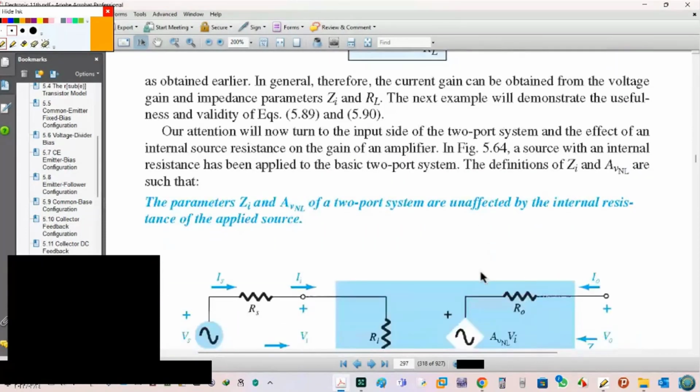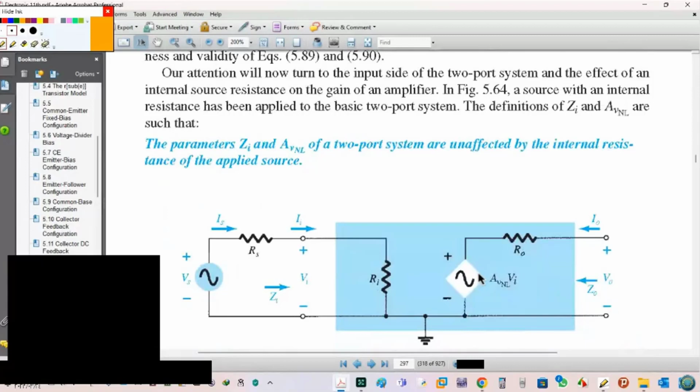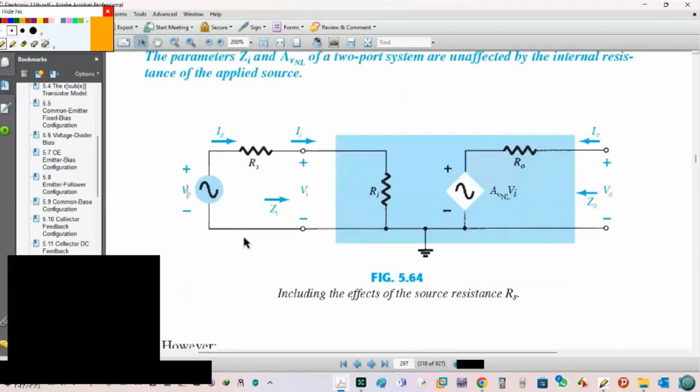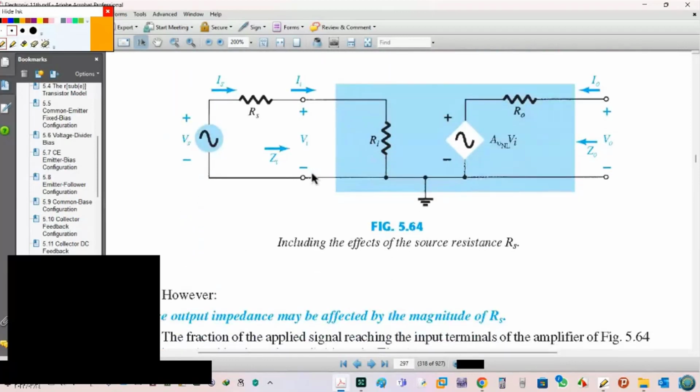Now I want to calculate AVS. If I introduce here, as you see, RS and VS, how can I calculate AVS? Let's start and see. From here to here, it is AV no load.